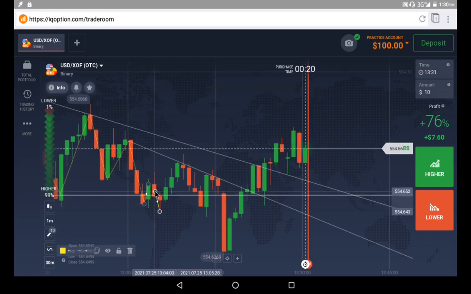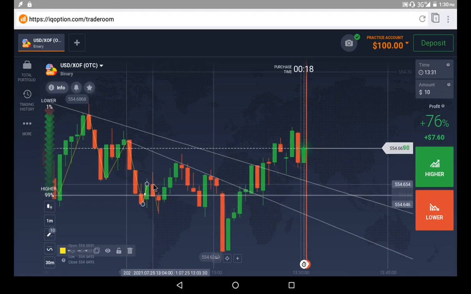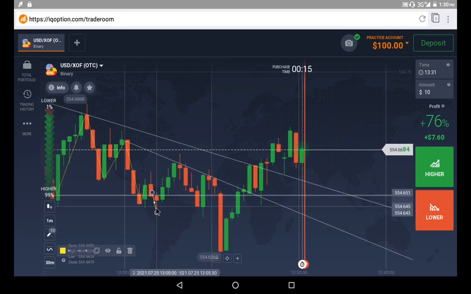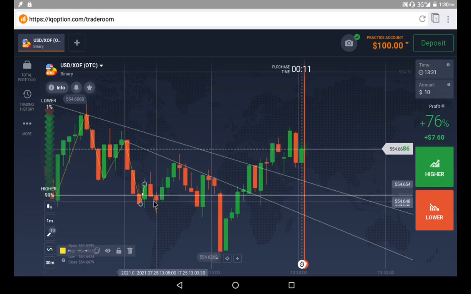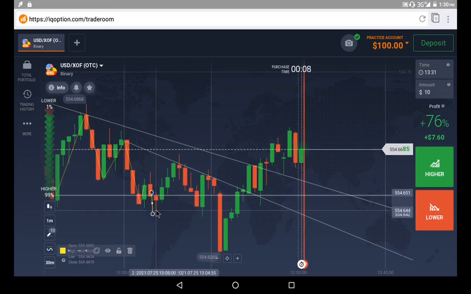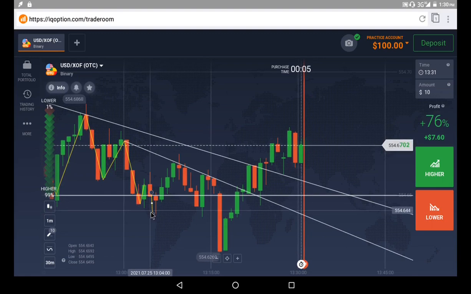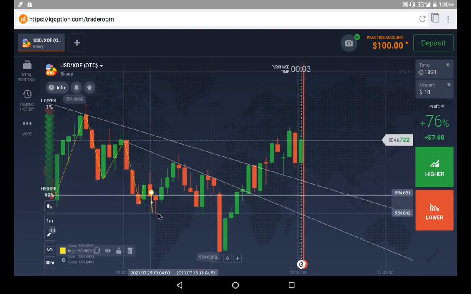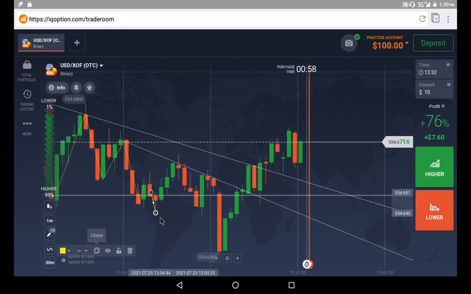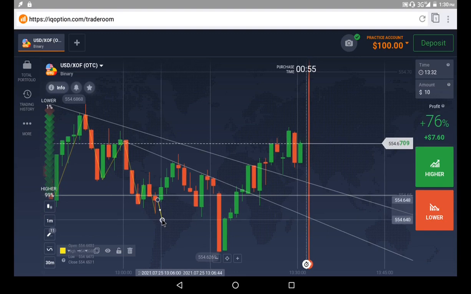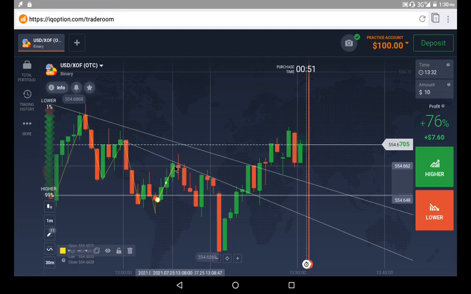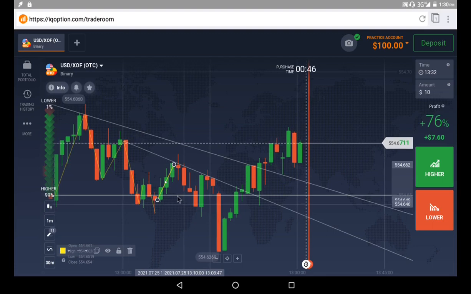Okay, can see. Okay, clone it. Again, the buyers entered all the way here to the same area the market got resisted from.